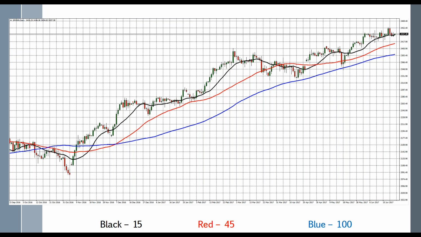Basically, what it tells us over here, because the blue line is the average of the last 100 days, first of all, this is the S&P 500 daily chart. Because the blue line is very far below, it tells us that in general, over 100 days, we have a very bullish market, sorry for that. And the red one tells us the same thing. Now, how do we take it to our investing?